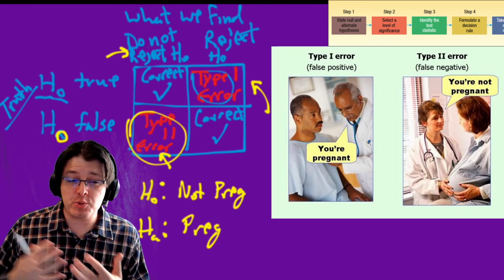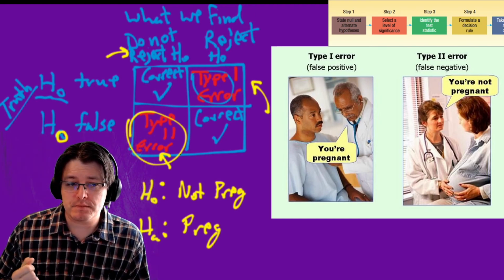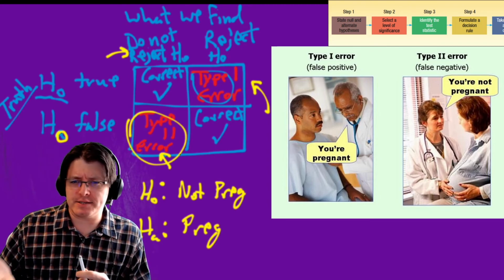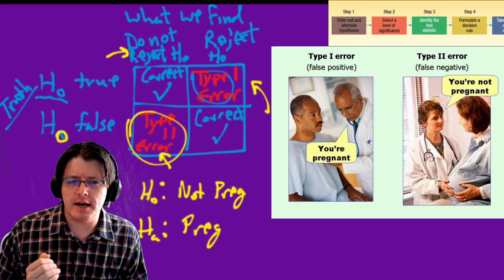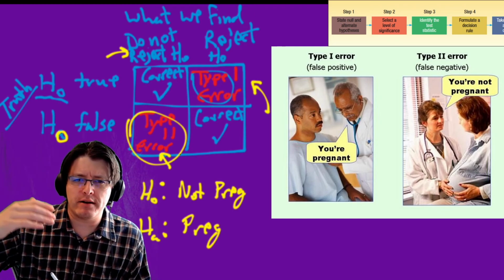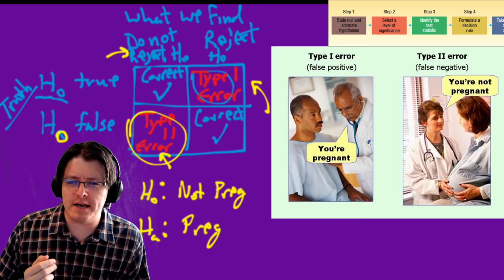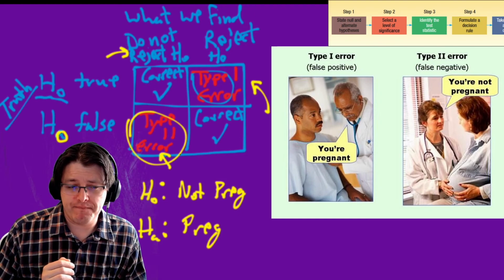So again, which one is more important really depends on the context. In this case, we might want to err on the side of more false positives. We probably don't want to tell a woman that she's not pregnant when she is.